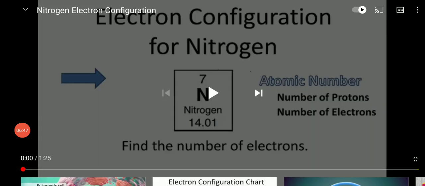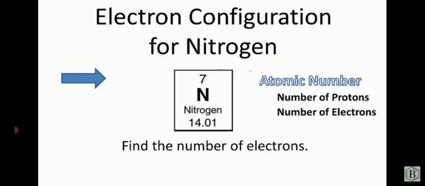Okay students, let us see how to write electronic configuration for nitrogen. The first thing that we need to do is find the number of electrons that will be arranged around the nucleus. We can do that by looking at the periodic table, finding the element and looking at the atomic number.